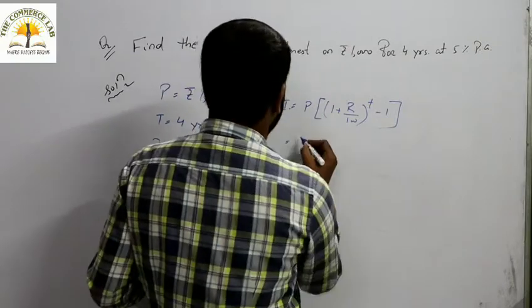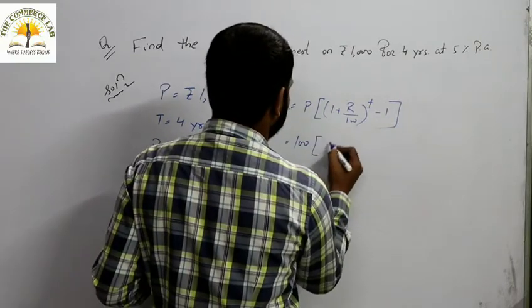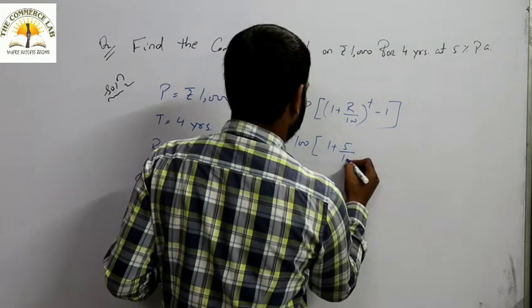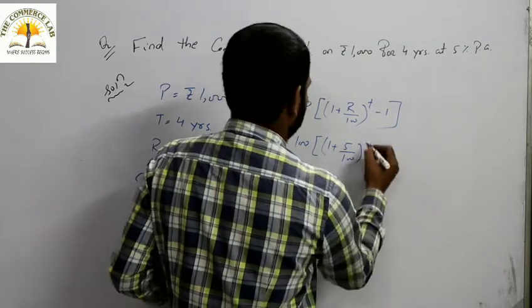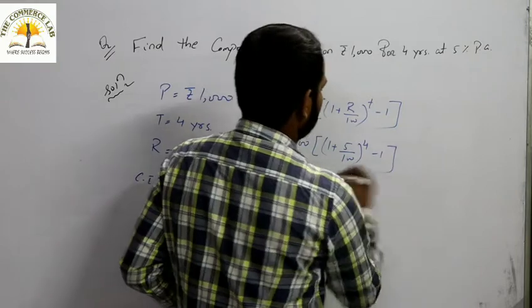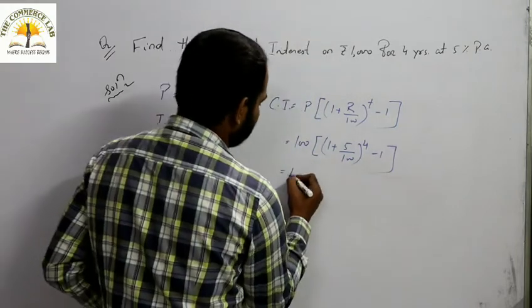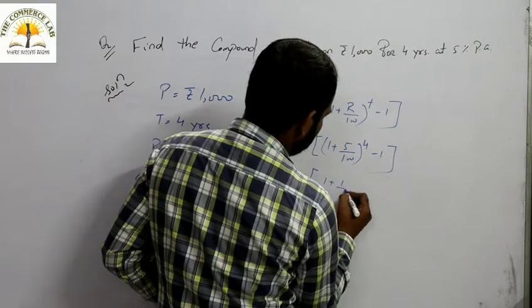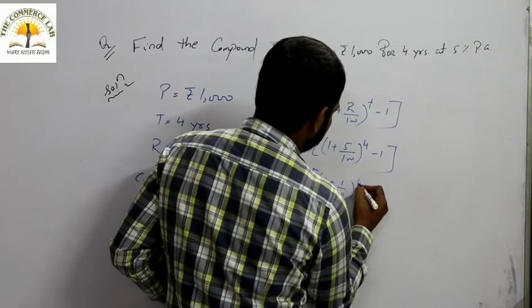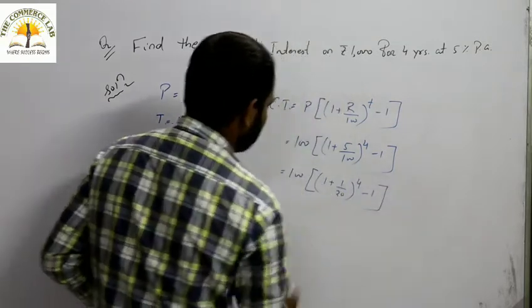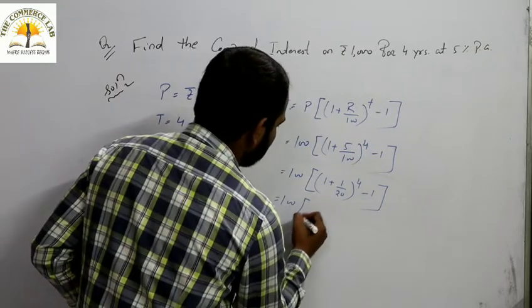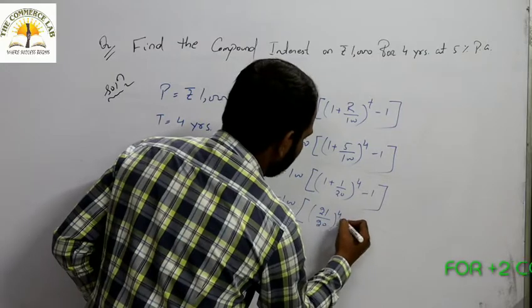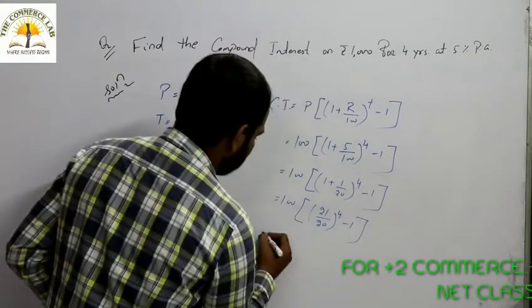P is 1000, 1 plus 5 by 100 to the power 4 minus 1. So 1 plus 1 by 20, that is 21 by 20, to the power 4 minus 1.